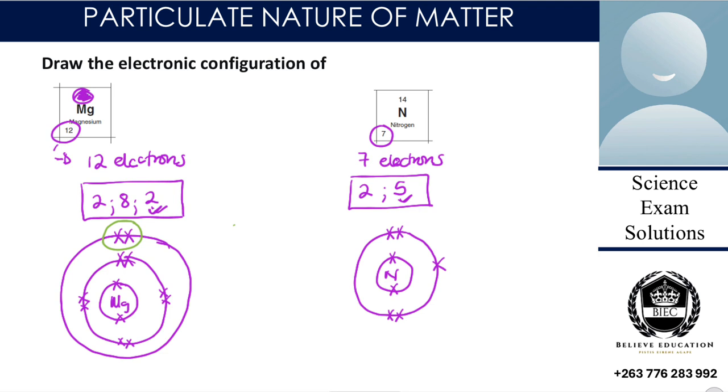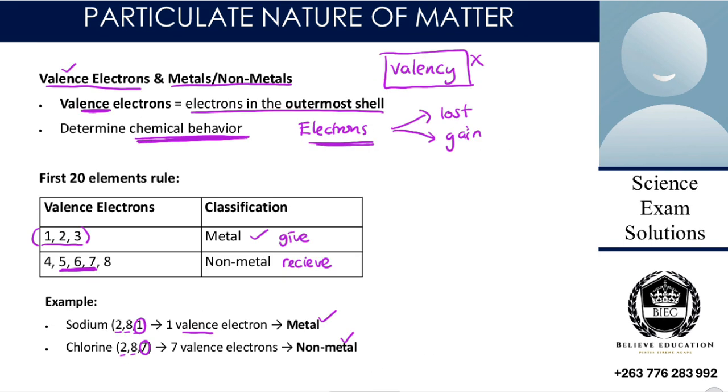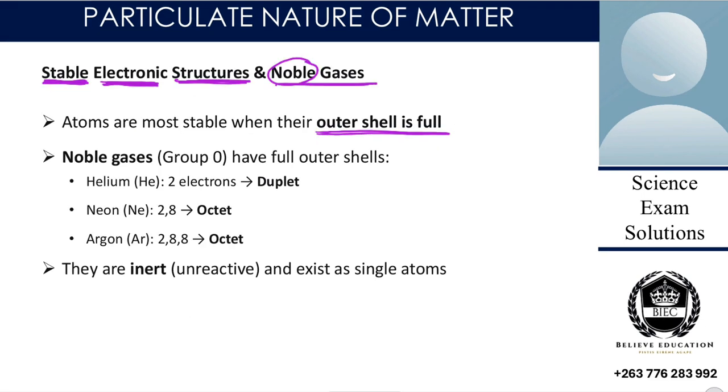But I need 2 more to reach 8. As it is not full, it's not stable. This one needs 3, 5 are not 8. As it is not full, it means the structure is not stable until it has to gain an electron or lose an electron, such that it becomes what? Stable.